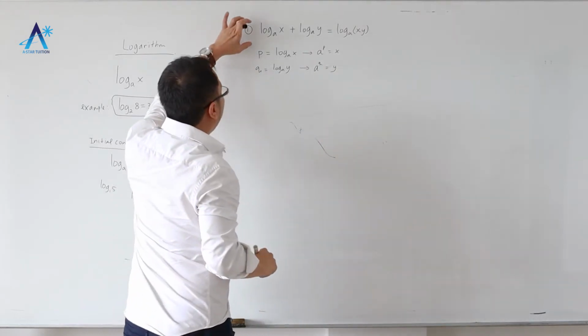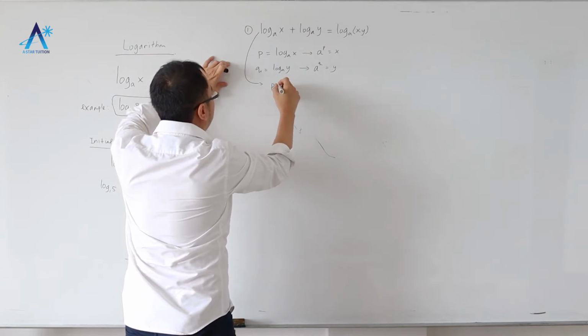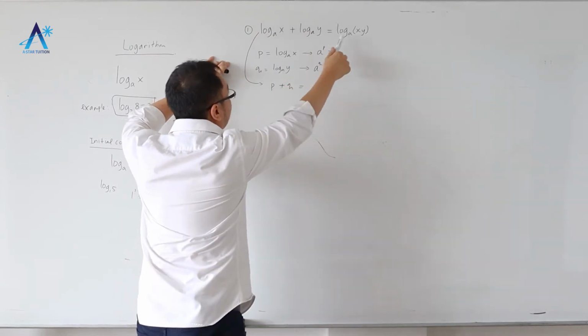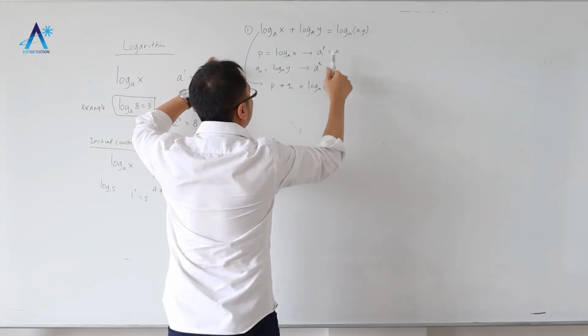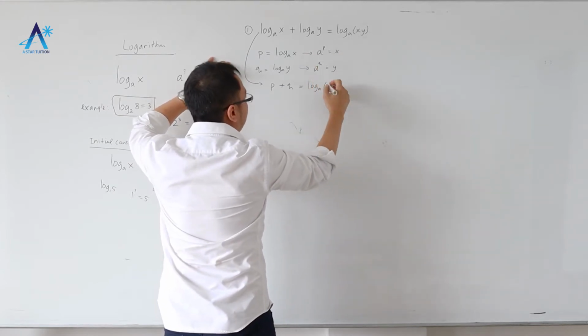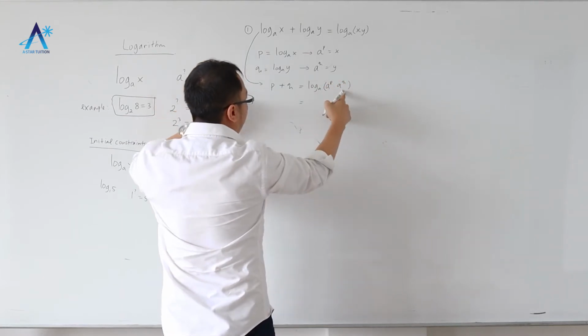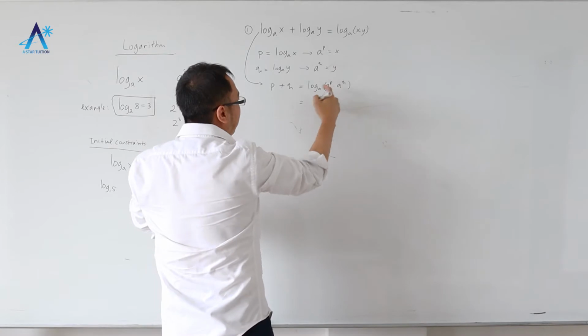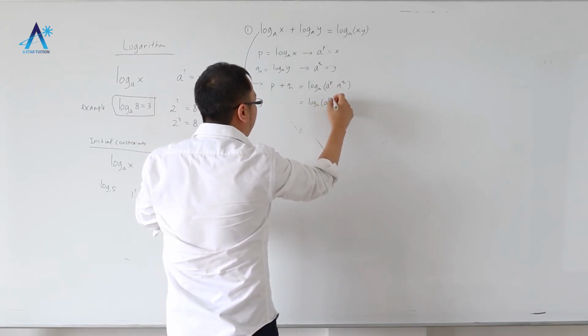Okay, we're going to verify this equation. The left hand side will be equal to p plus q, while the right hand side will be equal to log base a of x times y, which is the product of these two terms, a to the power p times a to the power q. The product of two terms having the same base, different power, will be equal to a to the power p plus q.